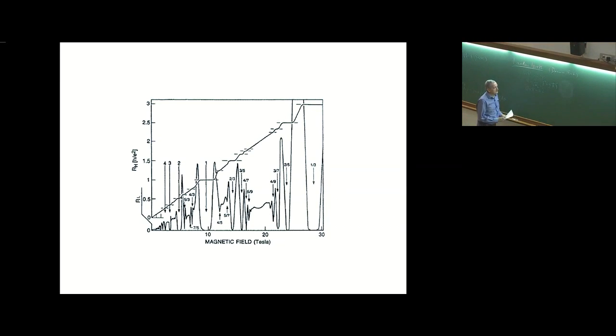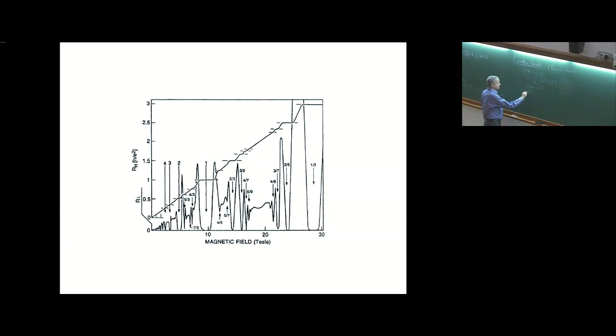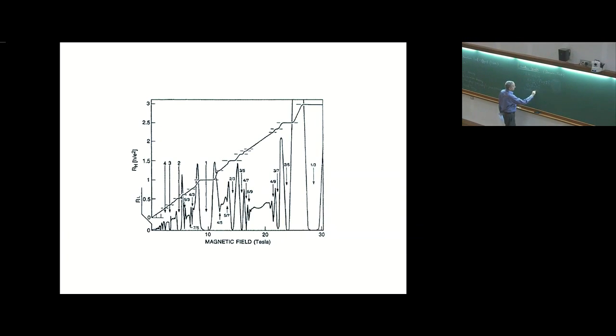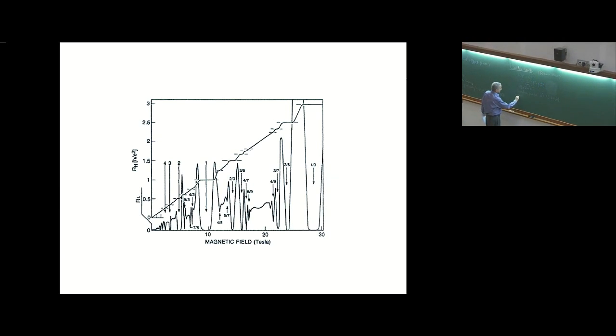The 2 choices that will be useful for us in this lecture are, one, called the Landau gauge. You can easily see that if I take the curl of this quantity, that gives me a magnetic field pointing in the Z direction. The other choice is called the symmetric gauge.